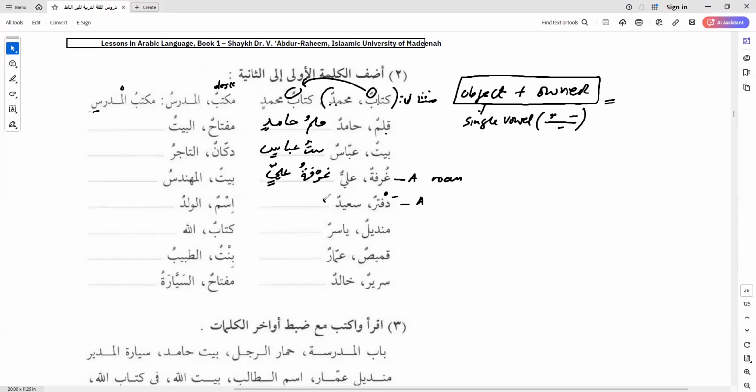So I have to say daftarun. Instead of daftarun, I say daftaru Sa'idin. Daftaru Sa'idin. Mindil. Remember, mindil can be a handkerchief, a small towel, and on and on. Mindilun. So I want to say the handkerchief of Yasser, or Yasser's handkerchief.